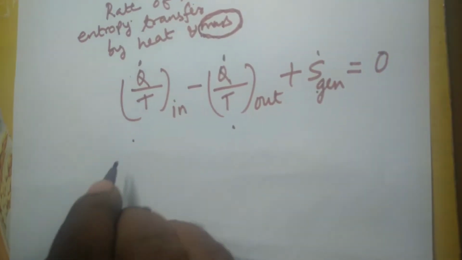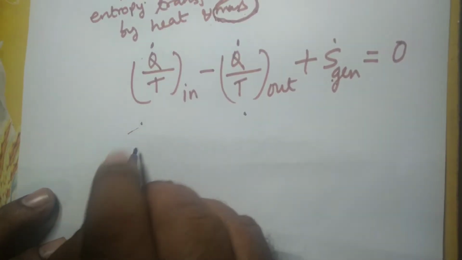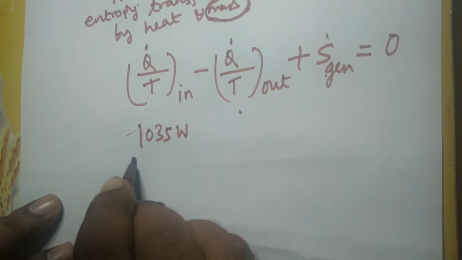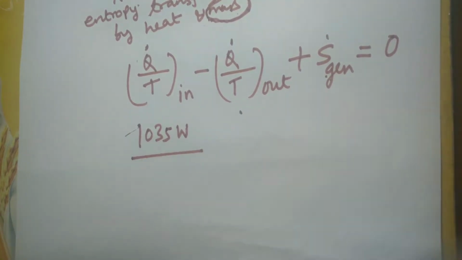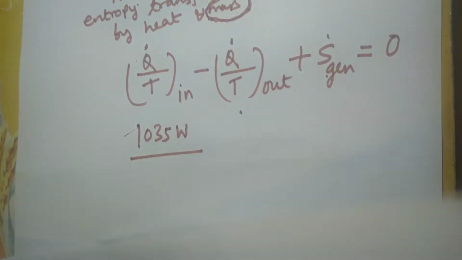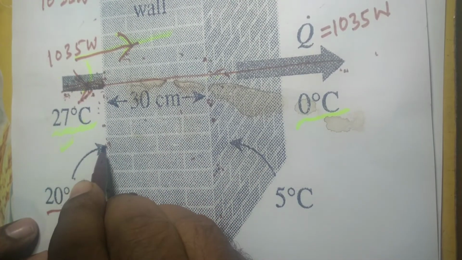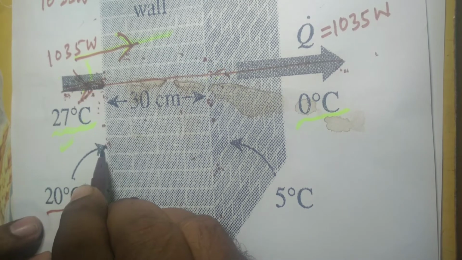You see here Q dot is given in the question. Q dot means rate of heat flow, which is given to be 1035 watt, divided by the temperature at which the heat enters the wall. That temperature is 20 degrees Celsius.